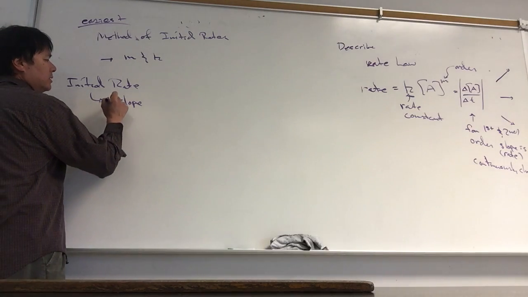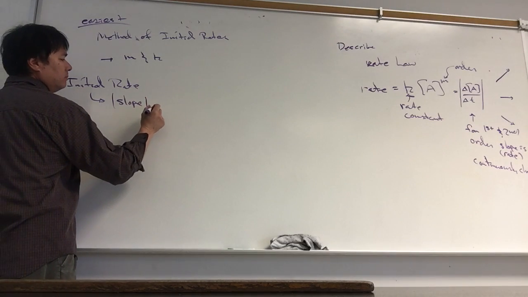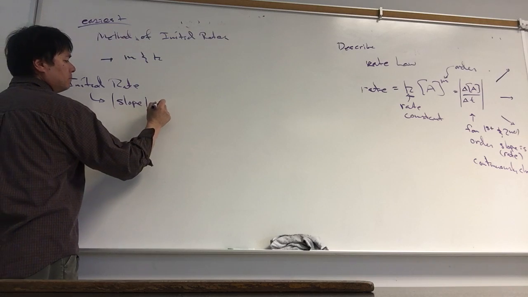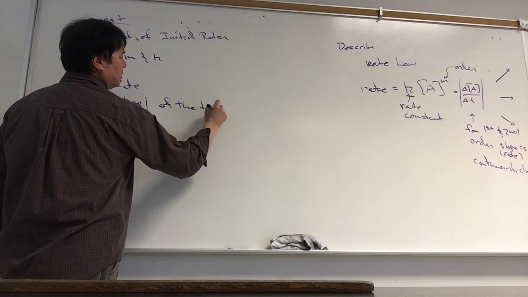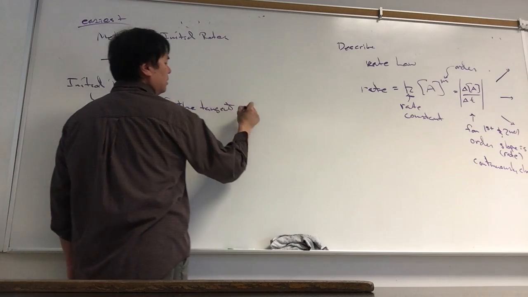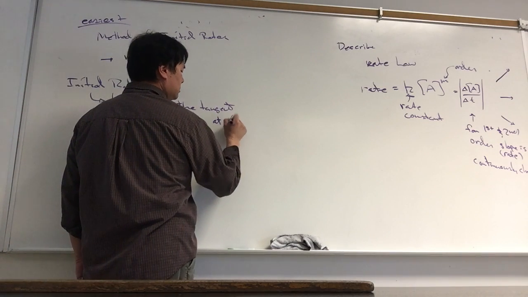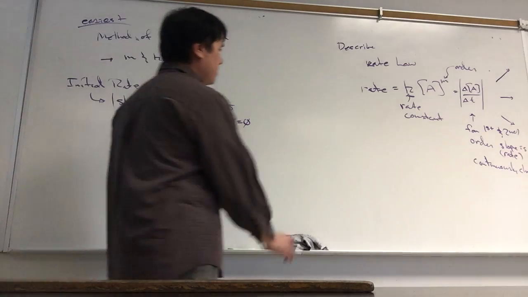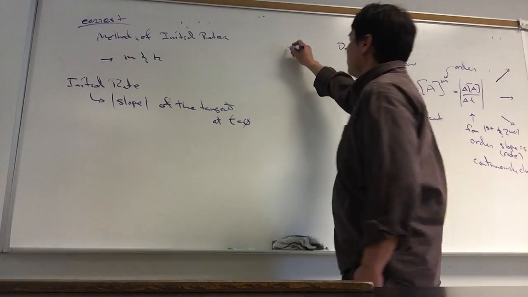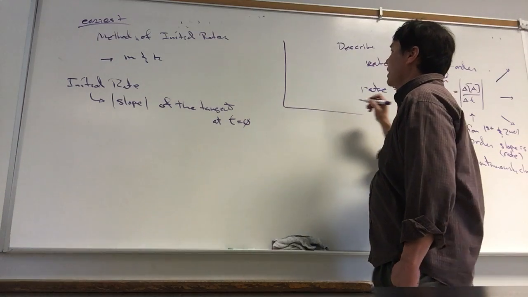So the initial rate is the absolute value of the slope of the tangent at time equals 0. And so what we're just trying to figure out is how fast is this reacting initially.